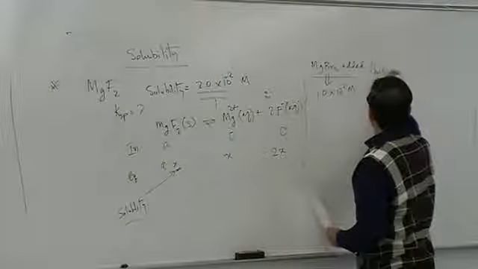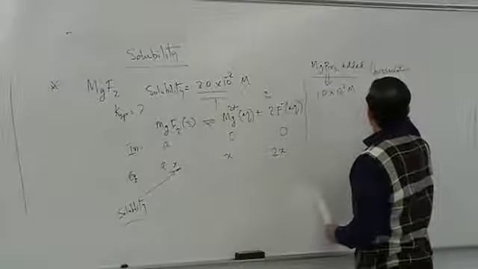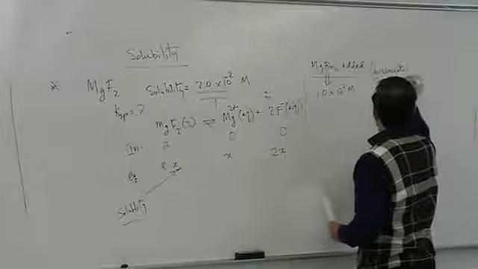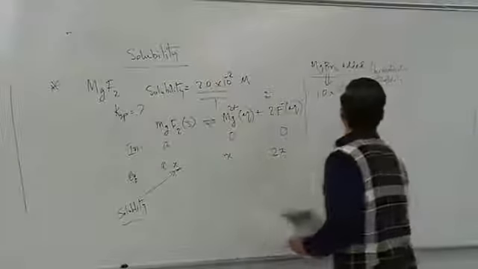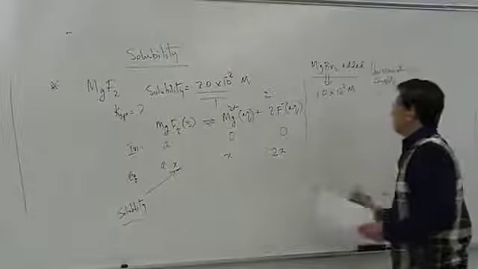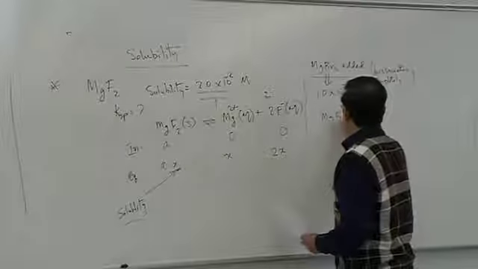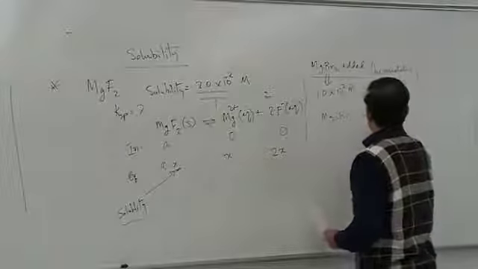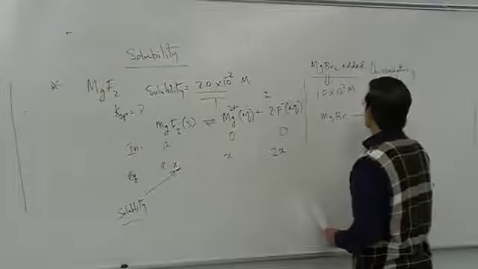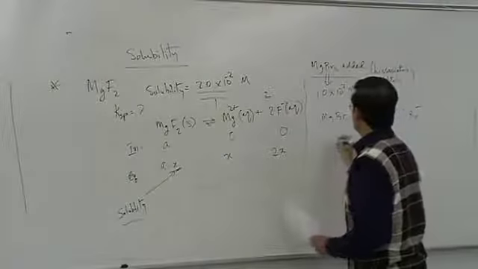So I must write down here, dissociates completely. Now when MgBr2 breaks down, it will look like this. MgBr2 gives Mg2+ and 2 Br minus, and that will break down 100%.